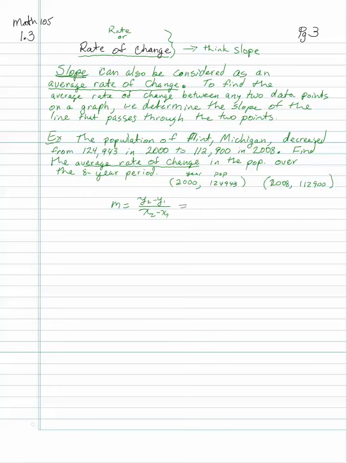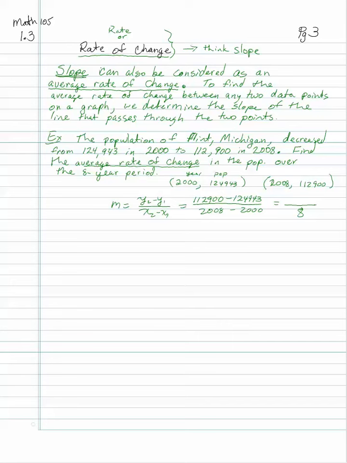So it's going to be 112,900 minus 124,943 over, let's see, which one? So 2008 minus 2000, which we know is an 8-year period.